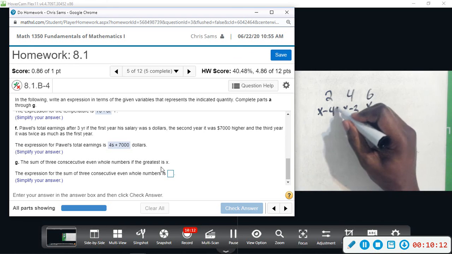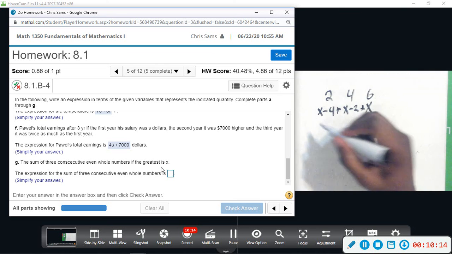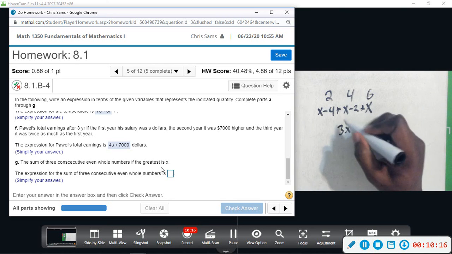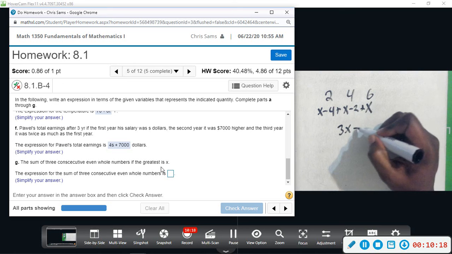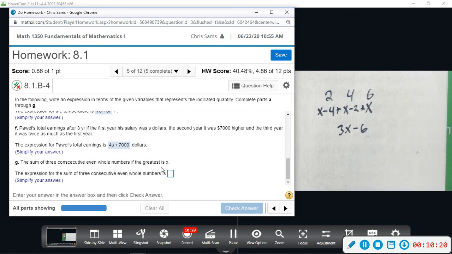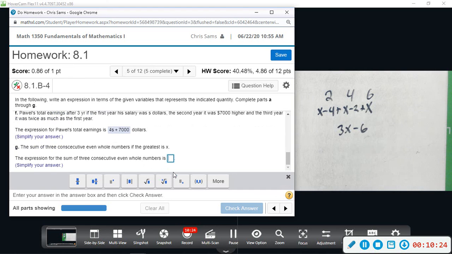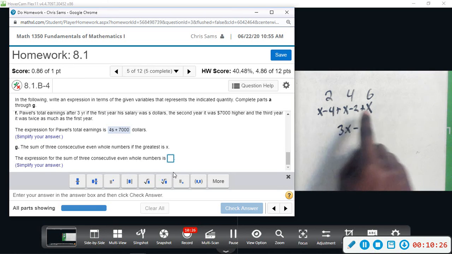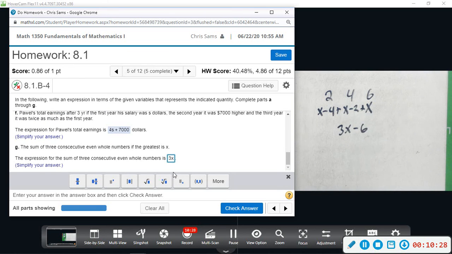And if we add these up, we have 3x and minus 4 minus 2, minus 6. So 3x minus 6 will be the sum of 3 consecutive even whole numbers, greatest being x. 3x minus 6.